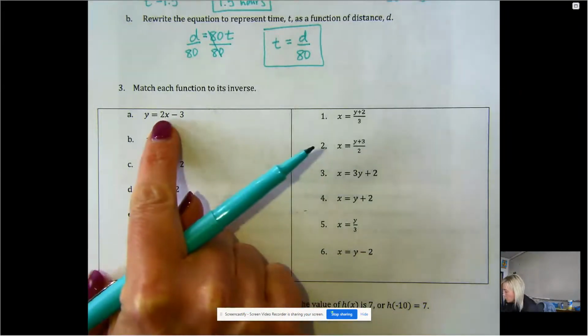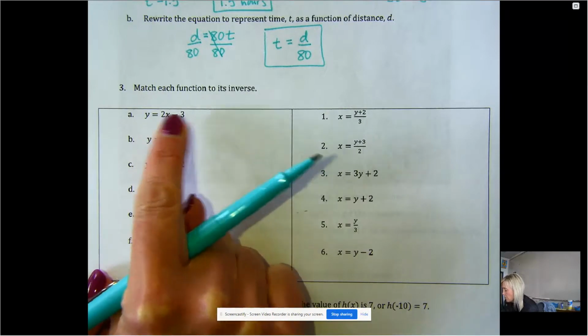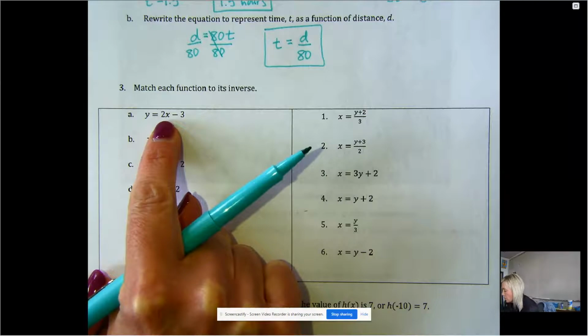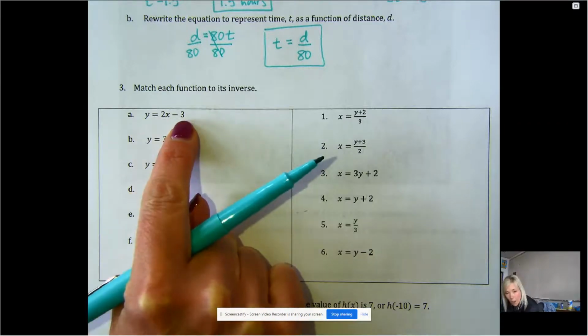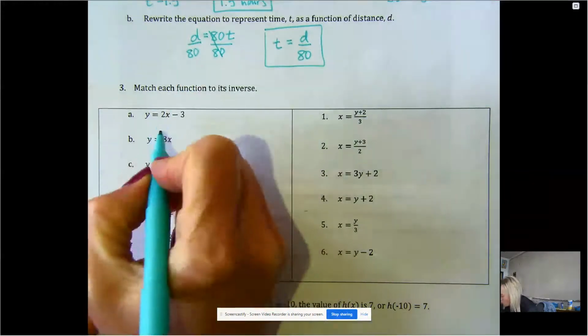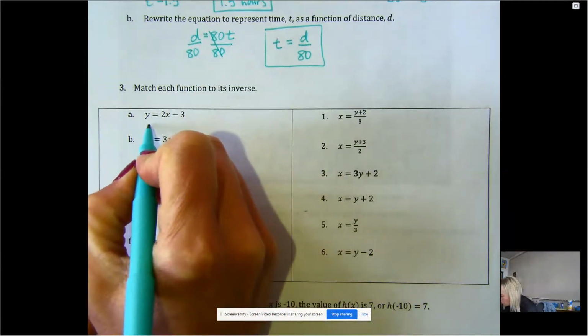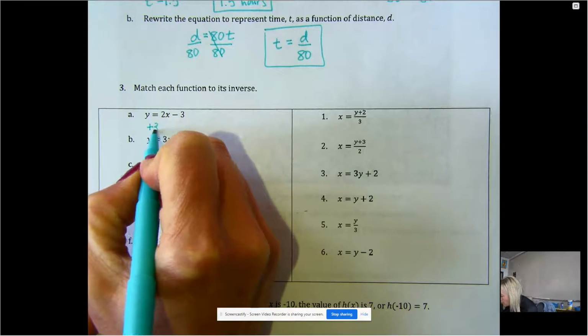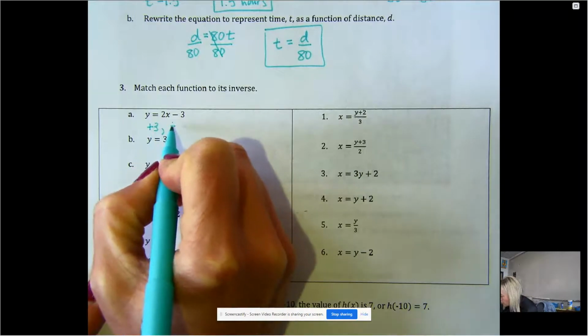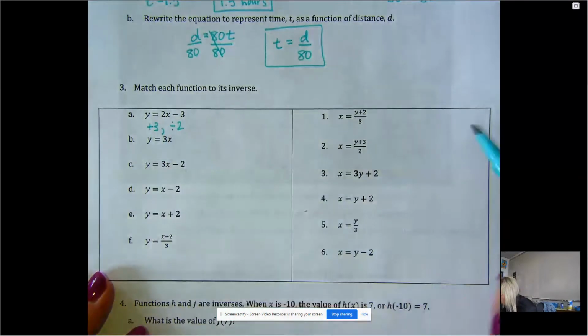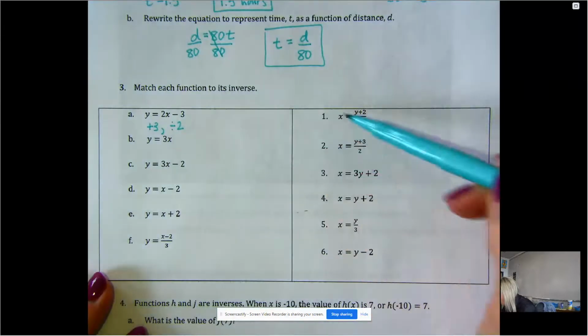So for A here, it says y equals 2x minus 3. So I know I'm going to multiply by 2, then subtract 3. So the opposite of that, I need to find a function where it tells me to first add the 3 and then divide by the 2.